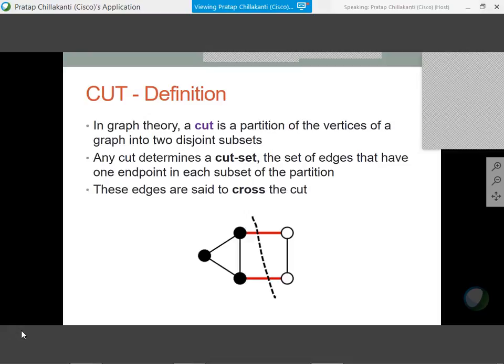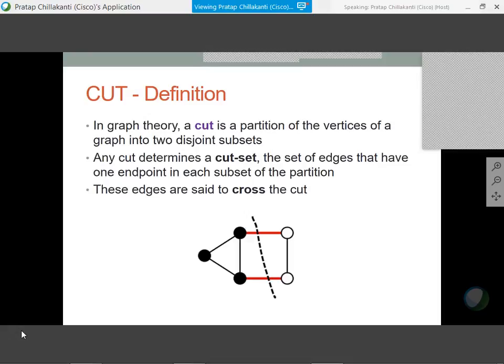So any cut determines a cut set, the set of edges that have one endpoint in each subset of the partition. If you look at the two red lines here, what are they doing? By removing those, you're cutting the graph into two disjoint subsets. And if you look at the edges there, one endpoint is in one subset, the other endpoint is in the other subset. That is what a cut is for a graph.